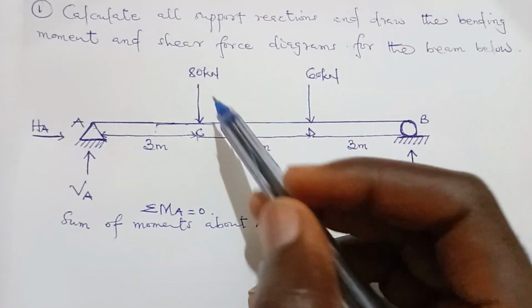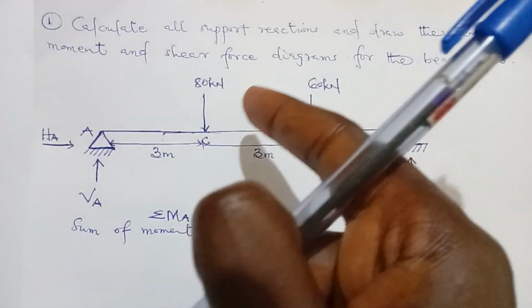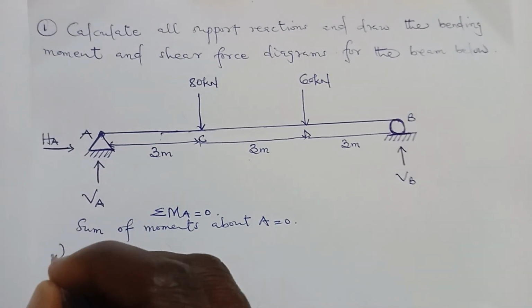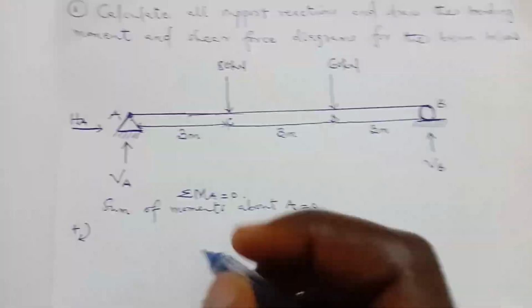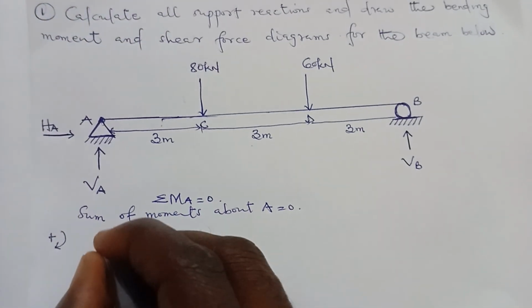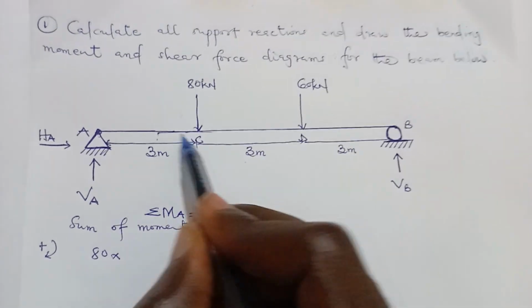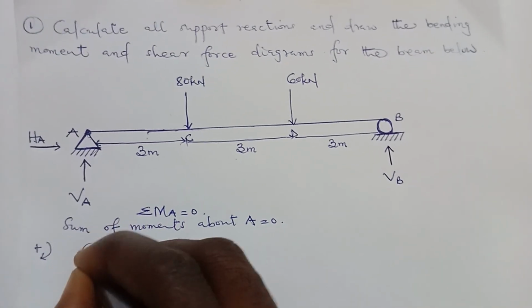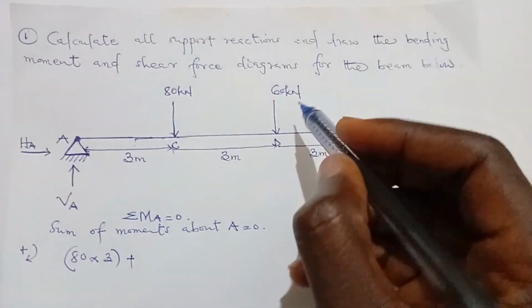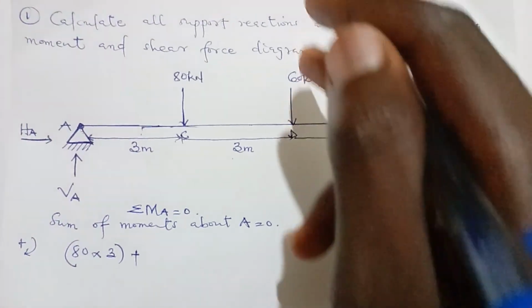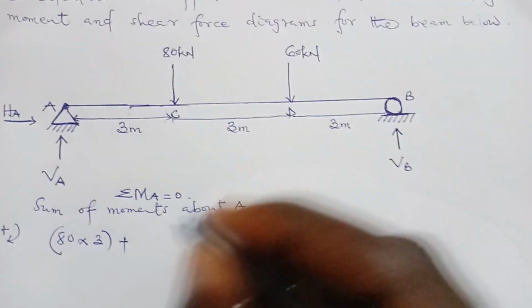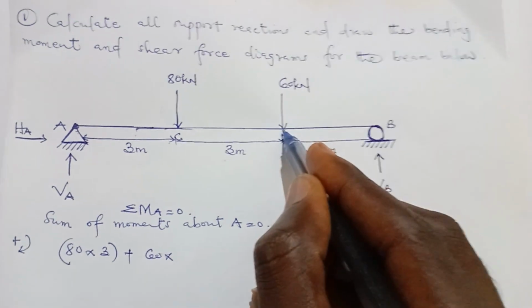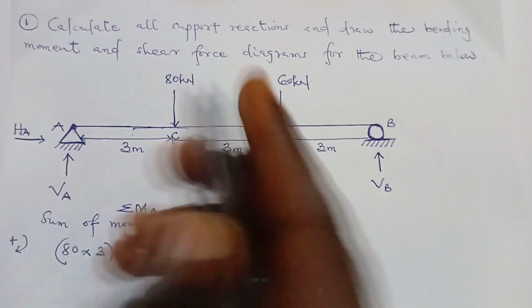The 80 kilonewton force will cause a clockwise moment because you're taking moment about A. So let's take clockwise to be positive. So it's going to be 80 times the perpendicular distance to where I'm taking the moment, which is 3. Then plus, because the 60 kilonewton will also cause a clockwise moment, it's going to be 60 times the perpendicular distance to where I'm taking the moment, and that's 6 meters.